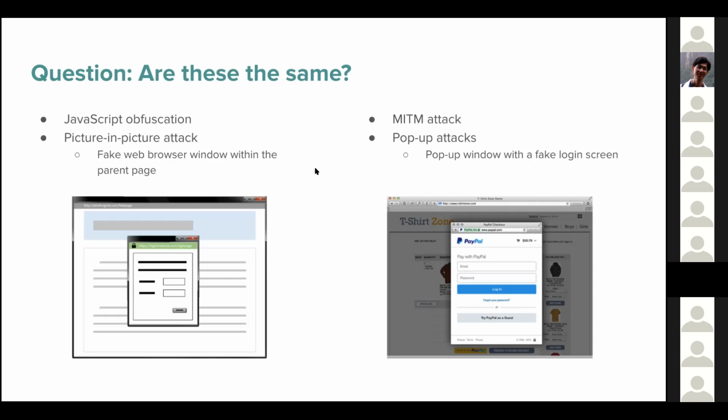From my understanding, in the first one the window is drawn by JavaScript, right? So the JavaScript draws such a window. And for the second scenario, the window seems to be the real window generated by the browser, right? Yeah. I have a question for Docas.